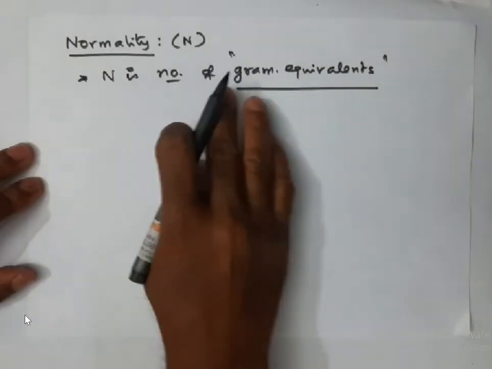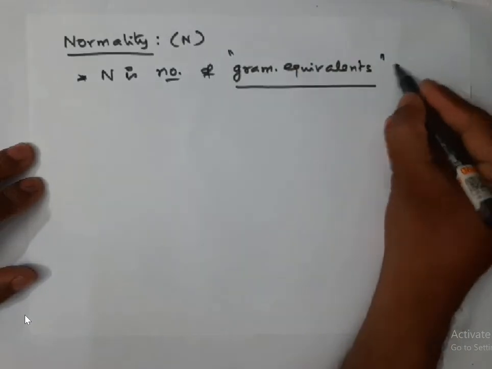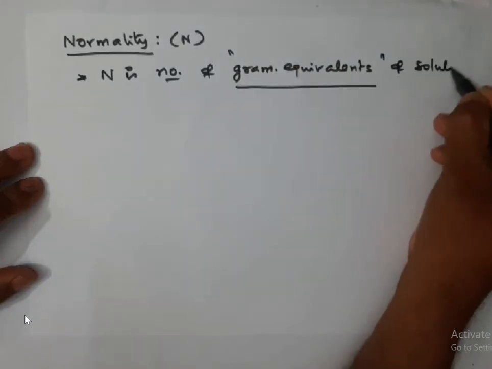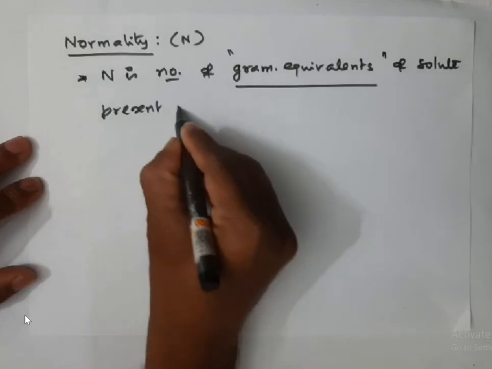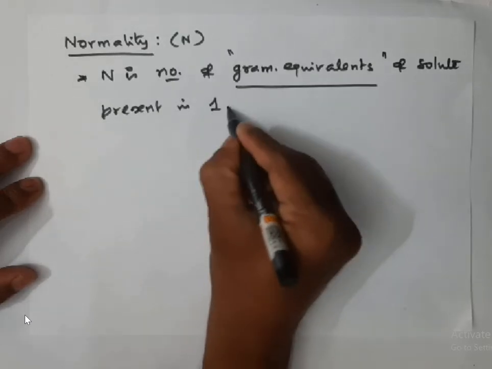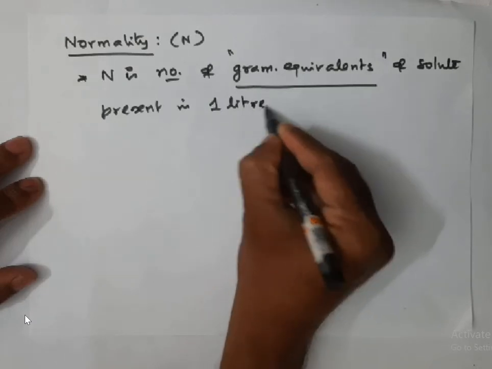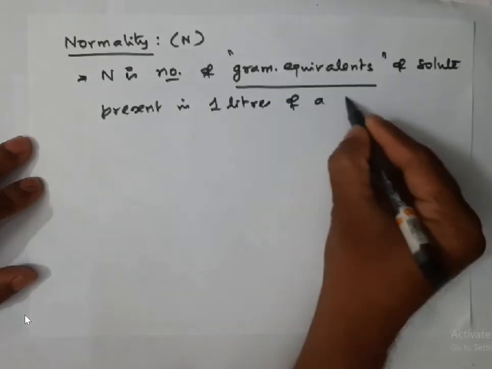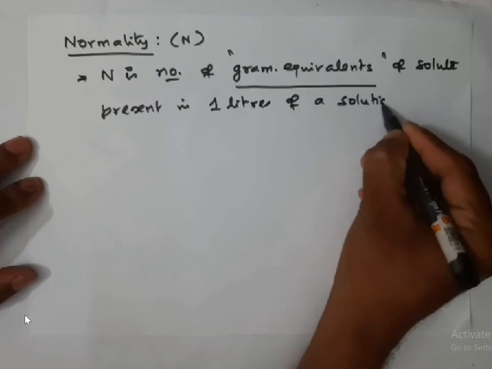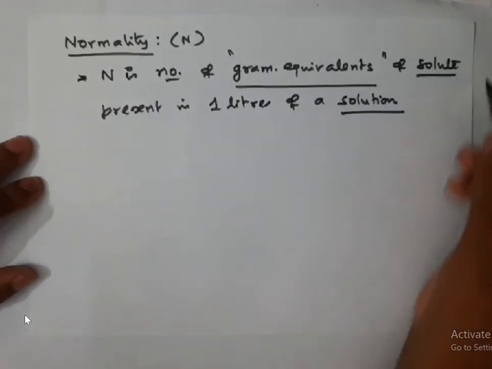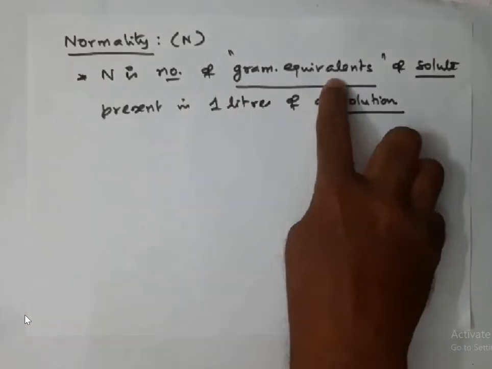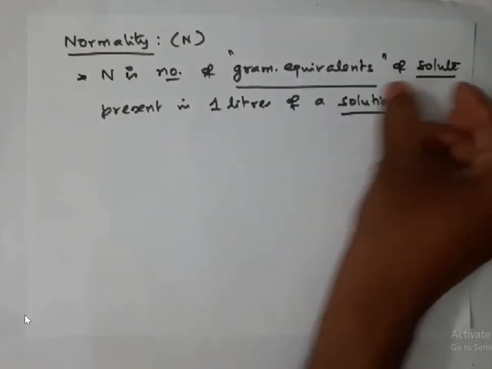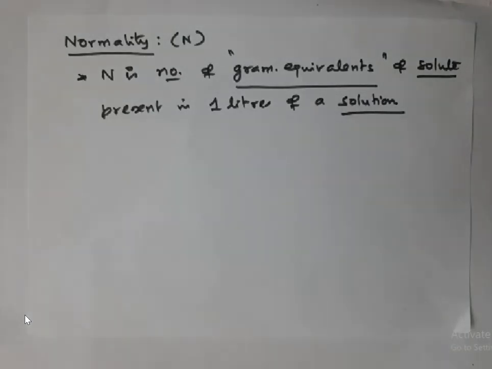Normality is number of gram equivalents of solute present in 1 liter of a solution. Number of gram equivalents of solute present in 1 liter of a solution. This is the definition for normality.